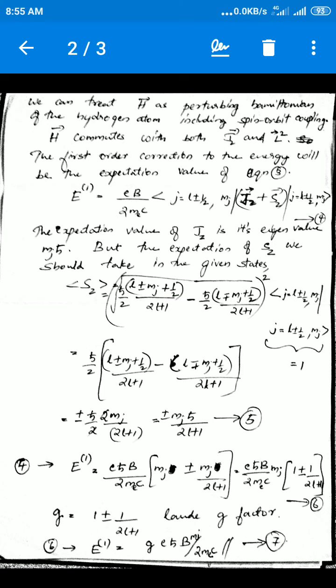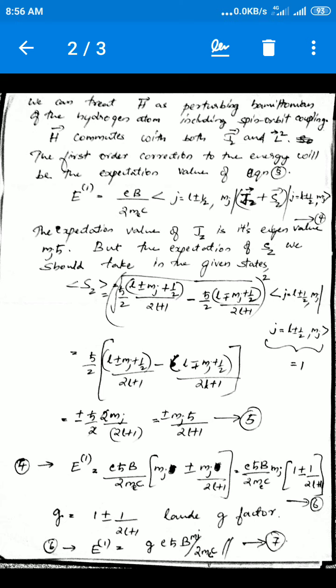This comes two times, in the ket and in the bra, so we take all the constants out as a square. The ket and bra are the same, so the inner product is 1.